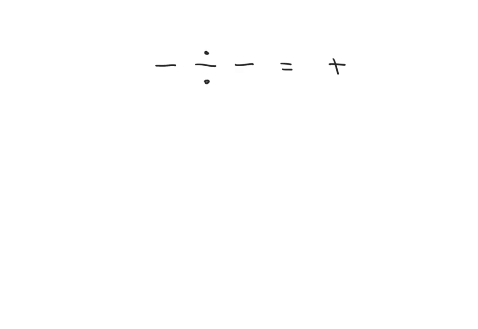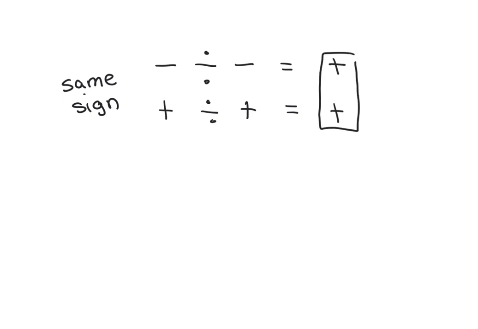So what I'm saying is your rules will stay the same for division. So a positive divided by a positive is positive. When you have the same sign, your answers will always be positive.